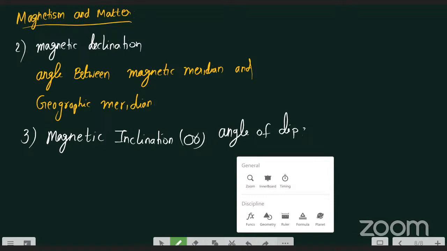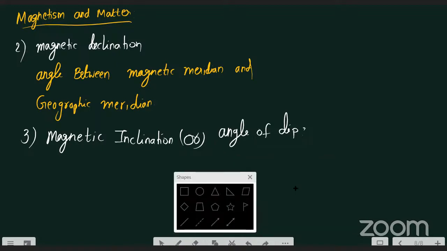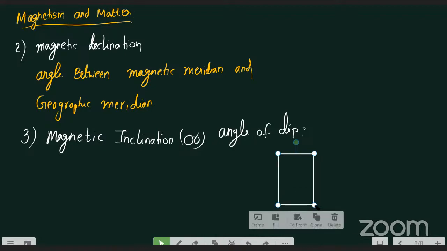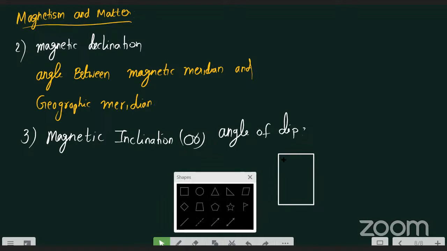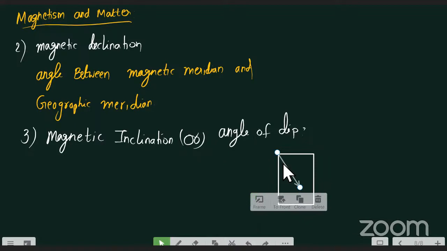Let me consider this to be a meridian, and we'll have the net magnetic field of Earth in this direction. And here we'll have the horizontal component of the magnetic field. The angle between the net magnetic field of the Earth and the horizontal component is called as what? It is called as magnetic inclination or angle of dip.